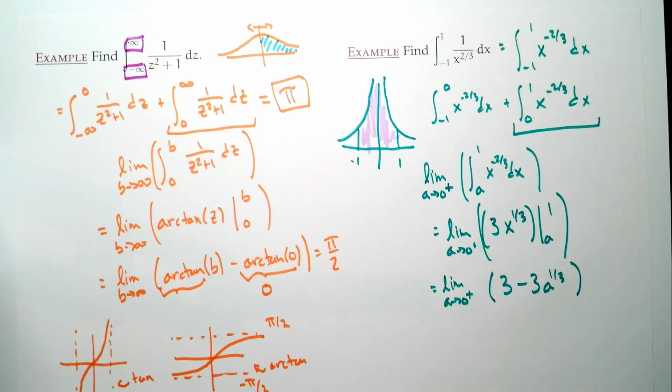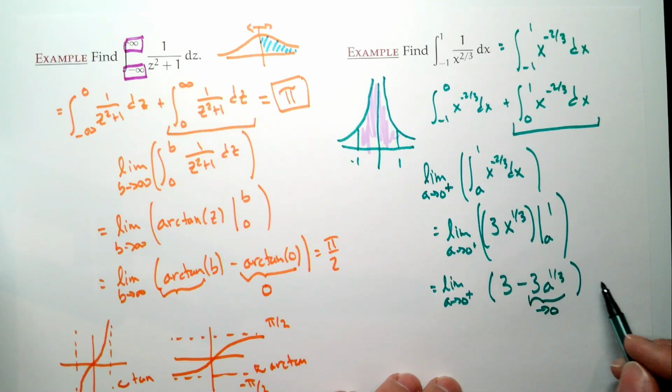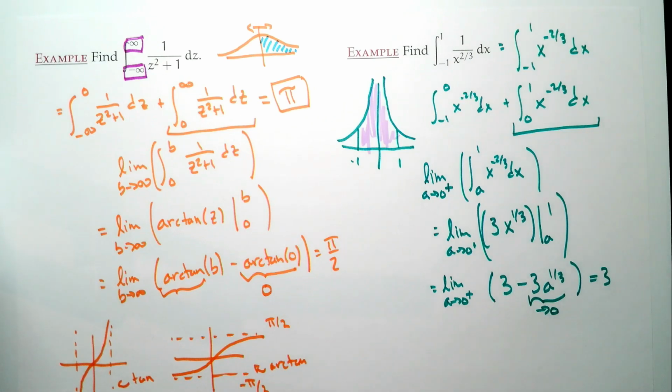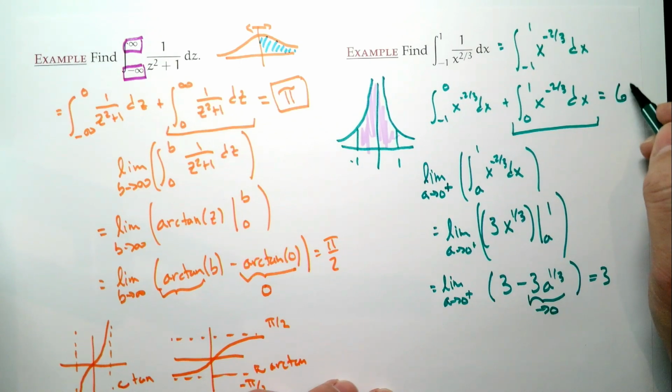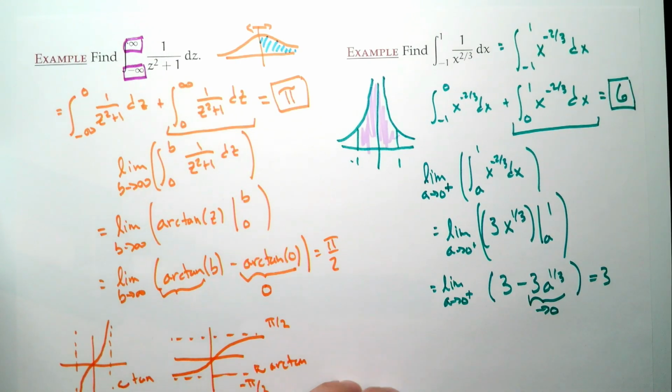Cubed root of a goes to 0. So that part is okay. That means that we get 3. By symmetry, we're going to get the same thing on this side. So we end up getting 3 here, we end up getting 3 there, and so our answer is 6.